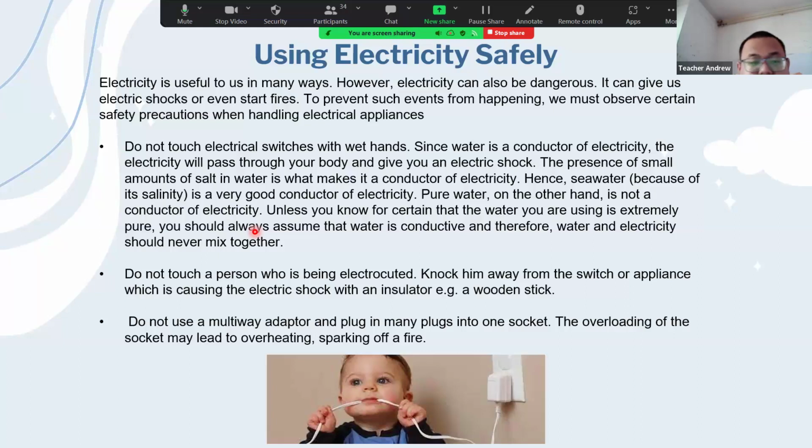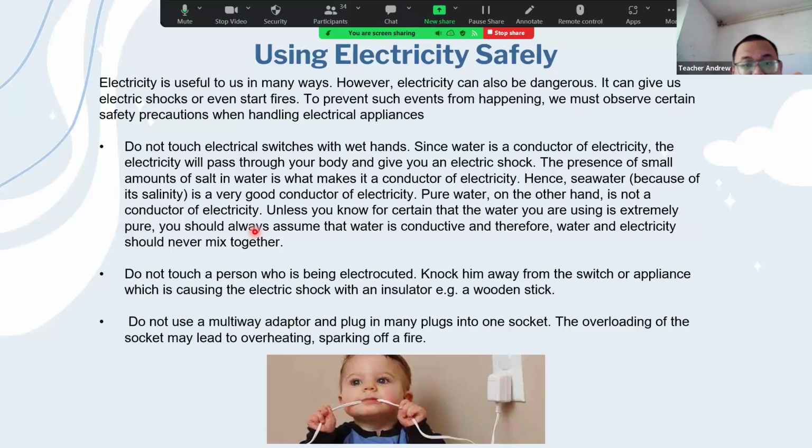However, pure water, on the other hand, is not a conductor of electricity. So even though I said earlier that water is a conductor, I'm referring to seawater or tap water that has salt inside. Pure water is not, because pure water doesn't have any salt inside.